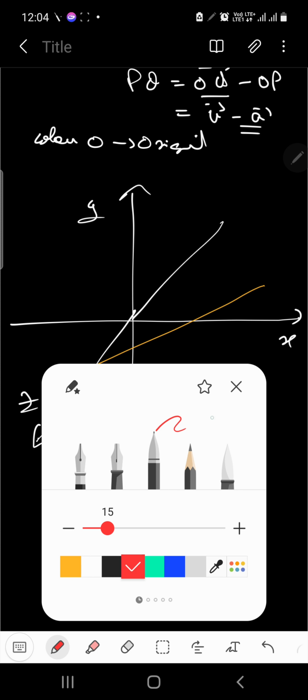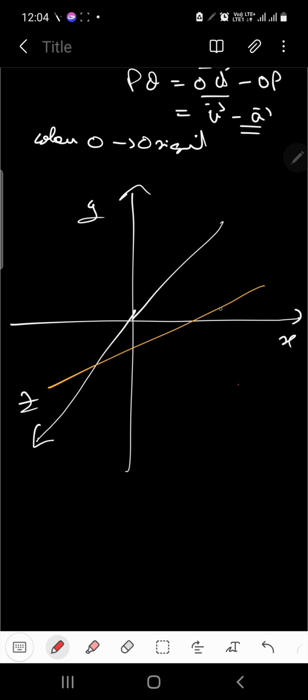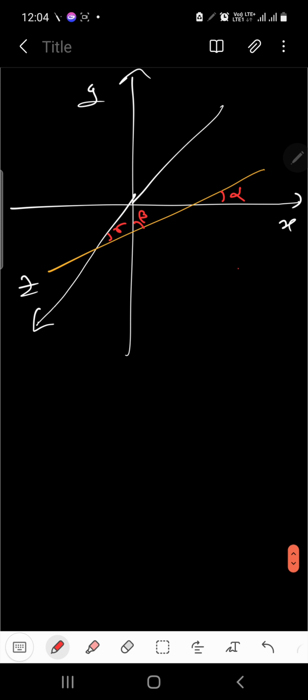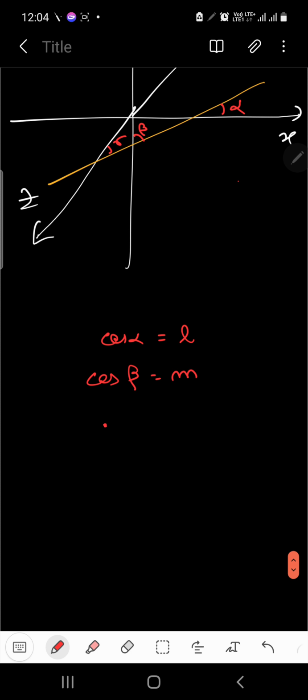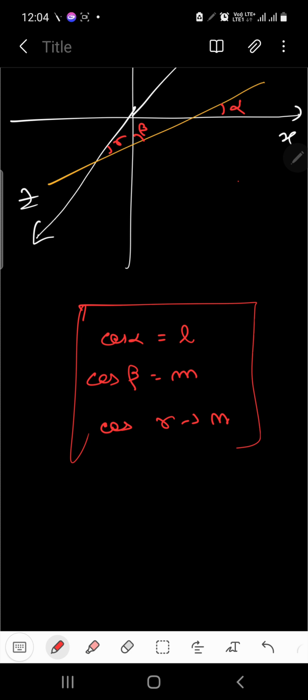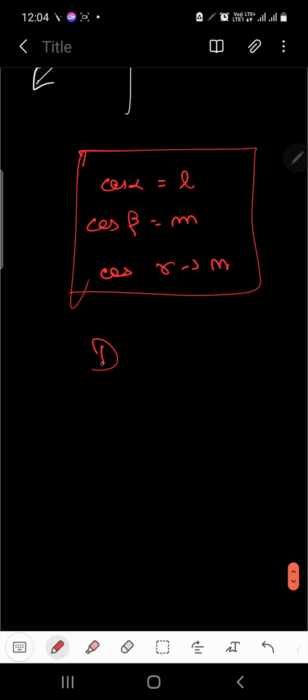This line makes certain angles with the axes. So let this be alpha, let this be beta, and let this be gamma. Clear? So cos alpha is represented as L, cos beta as M, and cos gamma as N. And these cosine values are called the direction cosines of a vector.